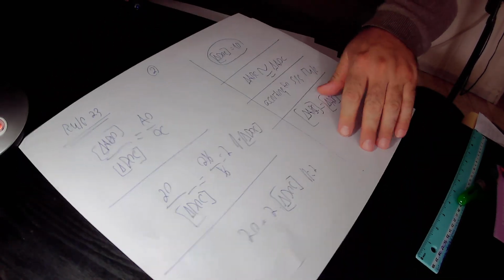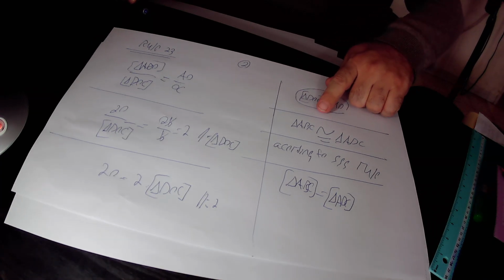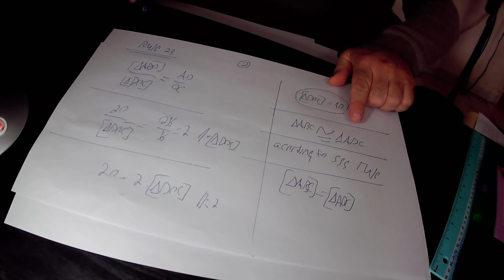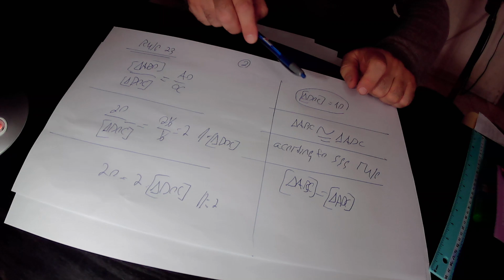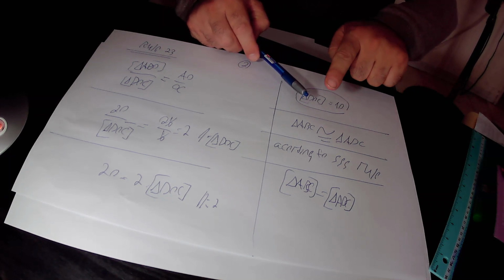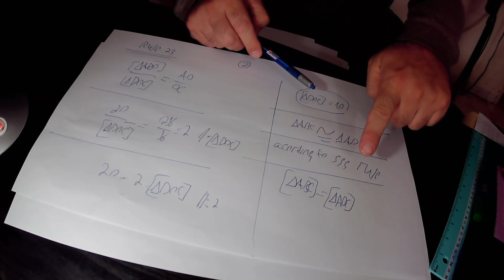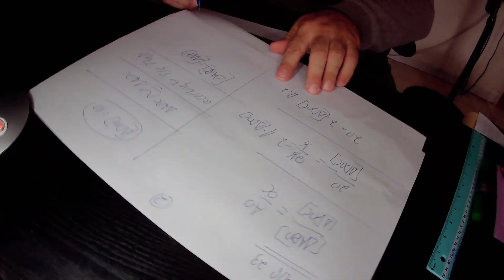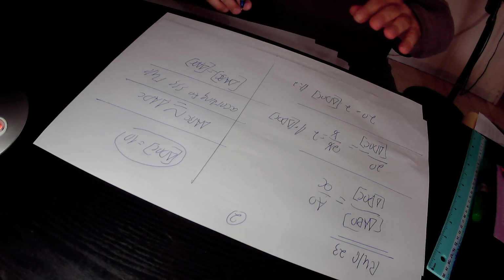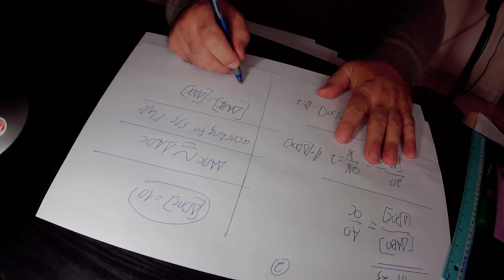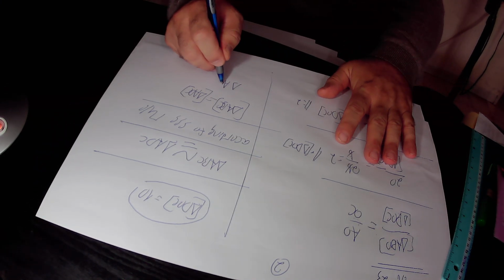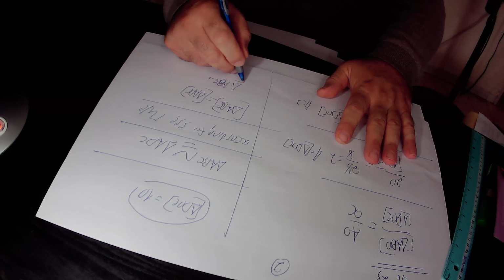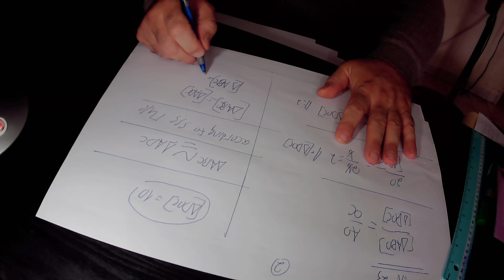So repeating it, we already found out that triangle ABC is congruent to triangle ADC, therefore they also have the same areas. That is again, the area of triangle ABC is equal to the area of triangle ADC.